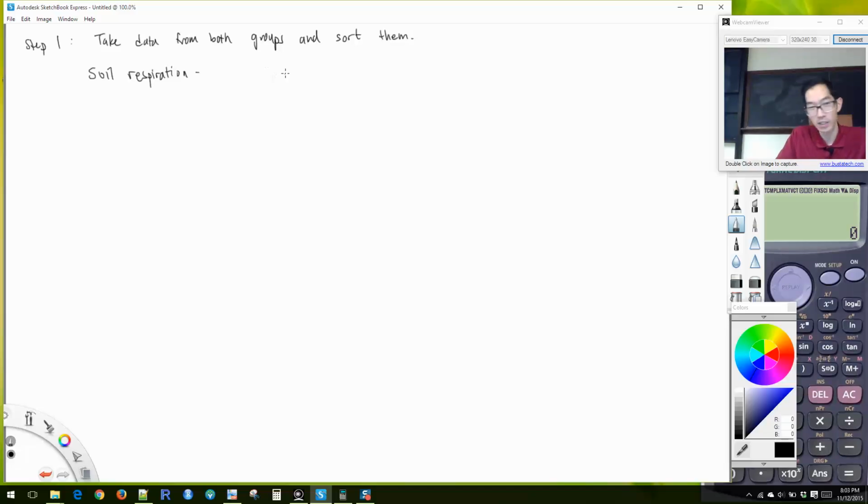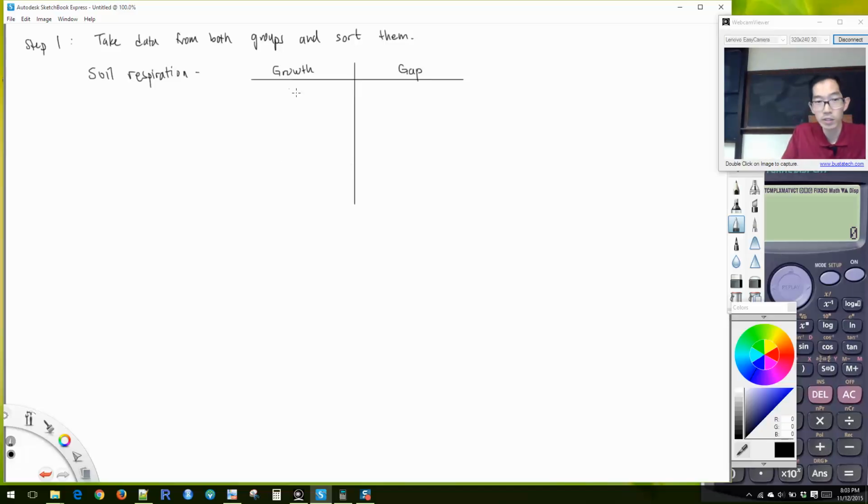Okay, and we're looking at two parts in the forest. There's one area where there was lots of growth in the forest, and then there's another area where there is a gap in the growth. So we're looking at data from two sections, and we're going to sort these from least to greatest.